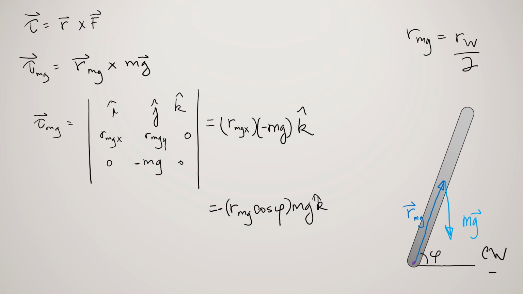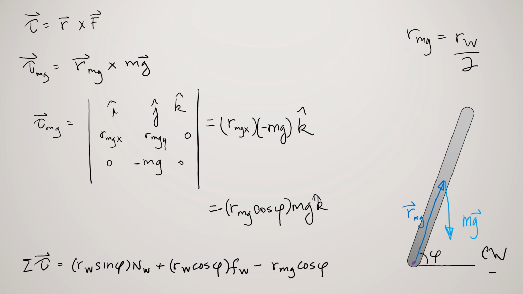And so my net torque then is the sum of all of those. So I had R of the wall sine phi times the normal of the wall, plus R of the wall cosine phi times the force due to friction of the wall. And now I have RMG cosine phi times mg.